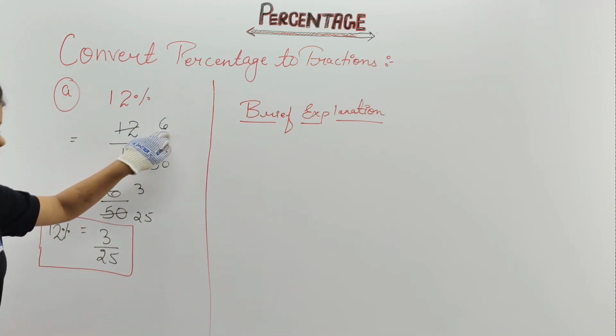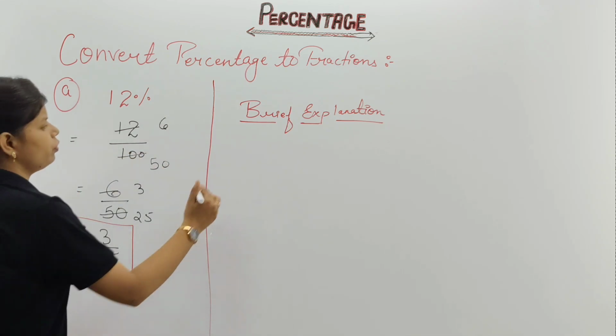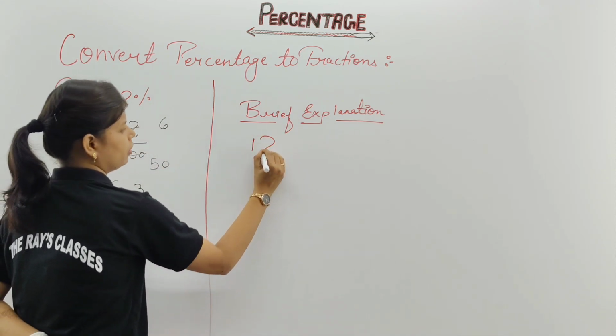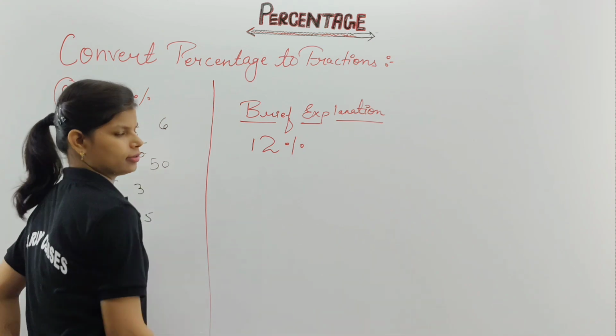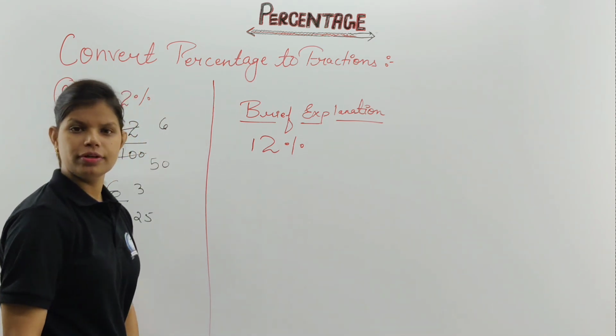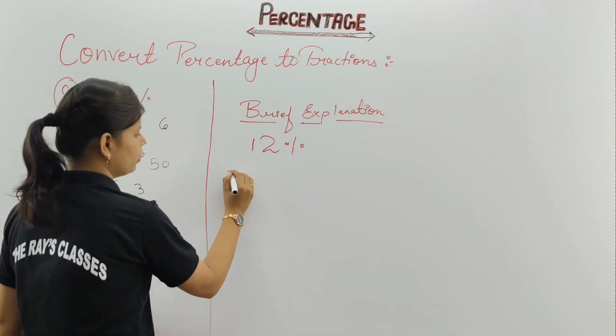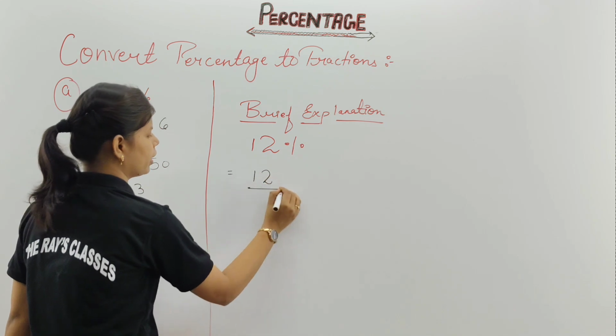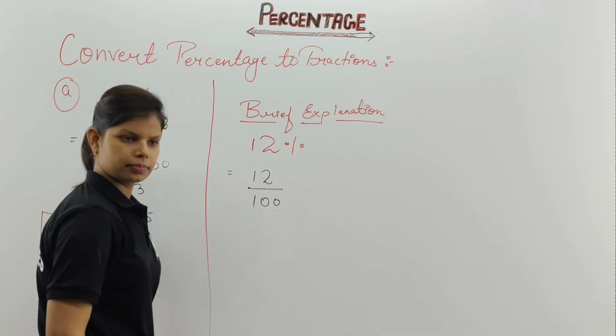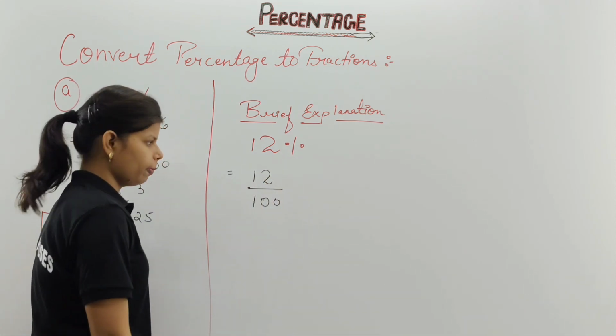If you only watch the video of me cutting directly, you will not understand. So if your question is written 12%, now it can be written as 12 upon 100. Are you sure about it?